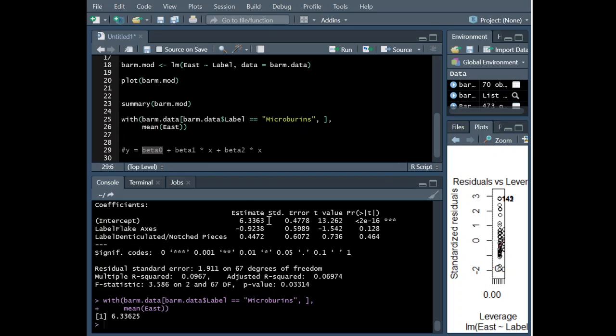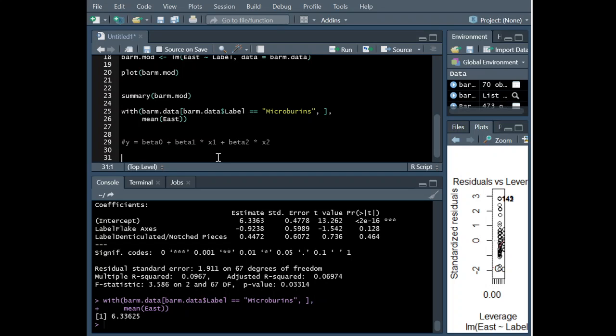That's 6.336. And in this case, let's call these x1 and x2. We are not adding either of the beta values because we're not interested in flake axes or denticulated notched pieces. So these become 0. So our calculation for this is the intercept, 6.3363, plus the coefficient for flake axes times 0.